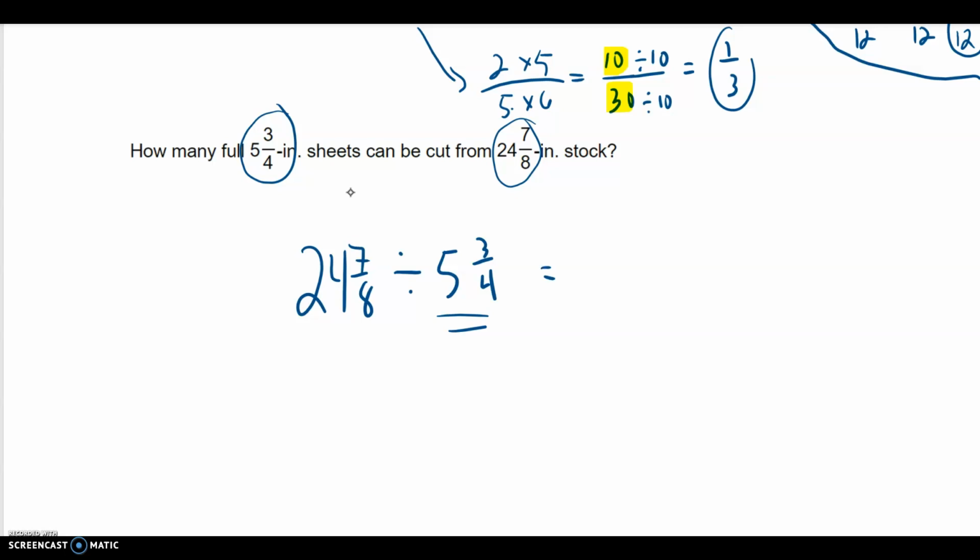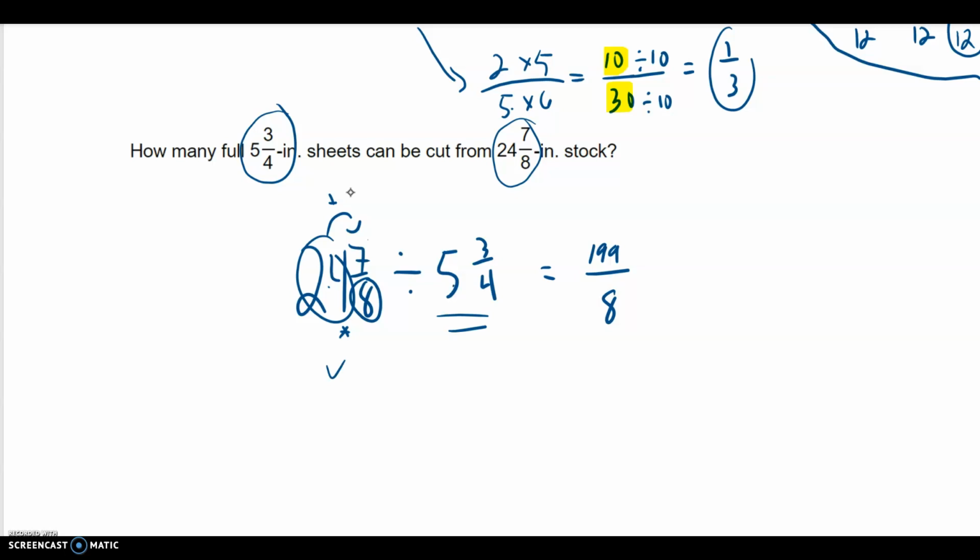But before we do division, we have to change this to an improper fraction. So 24 times 8 is 192 plus 7. So again, we do this times this, and then we add the 7. So it's 192 plus 7, so that's 199 over 8. That's the same as this guy.